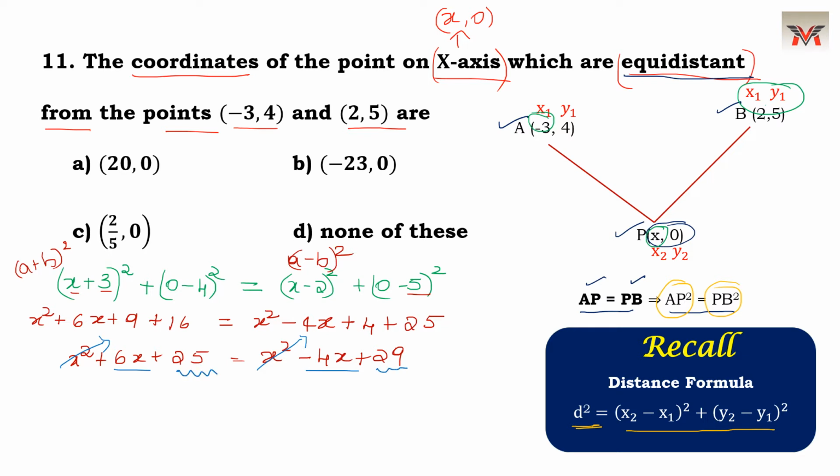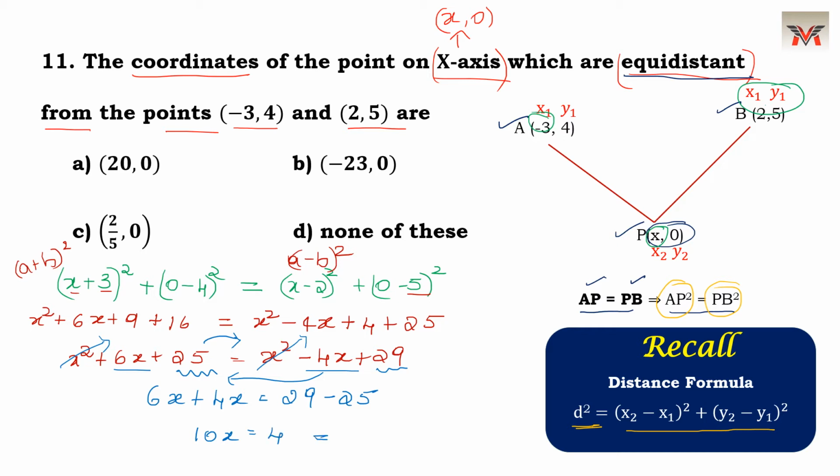So 6x minus 4x, when you bring it to the other side, becomes plus 4x. And the 25, when you bring it to the RHS, becomes minus 25, correct? Therefore 6 plus 4 is 10, so 10x is equal to 29 minus 25, that is 4.